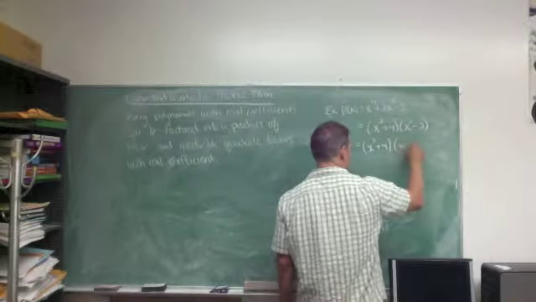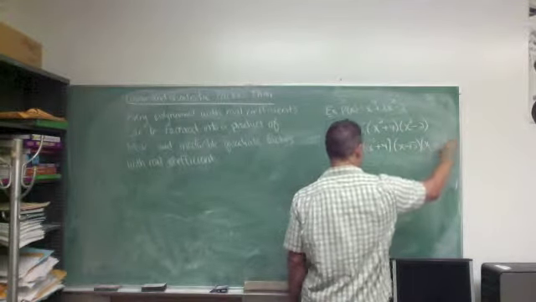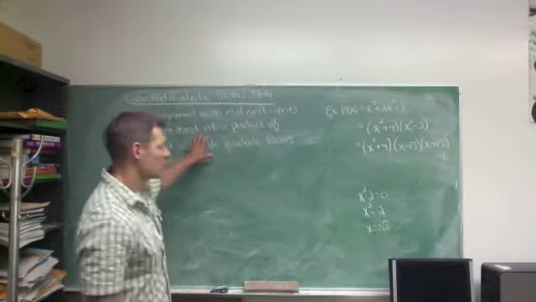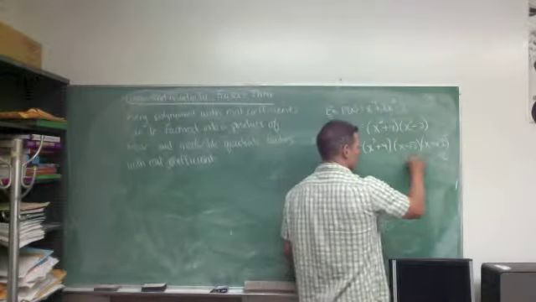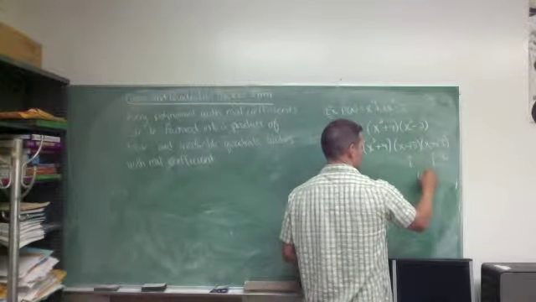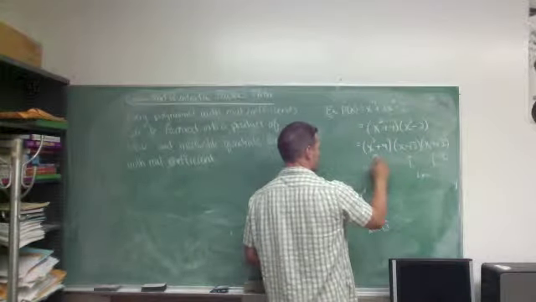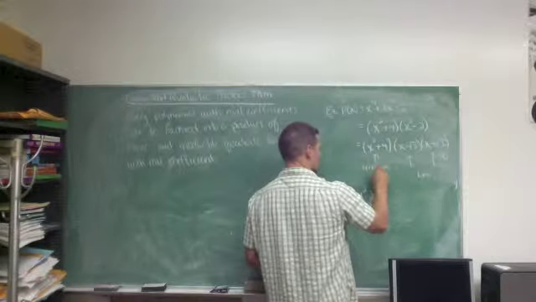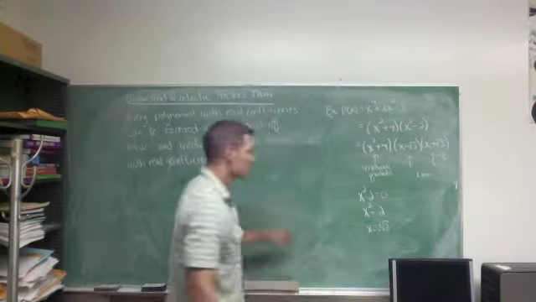So x minus the square root of 2 and x plus the square root of 2. So I've done exactly what this theorem says. I've broken this polynomial down into linear factors and an irreducible quadratic. That's what this theorem says.